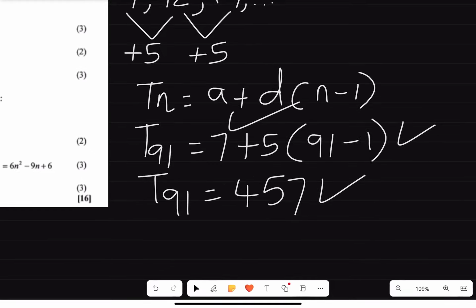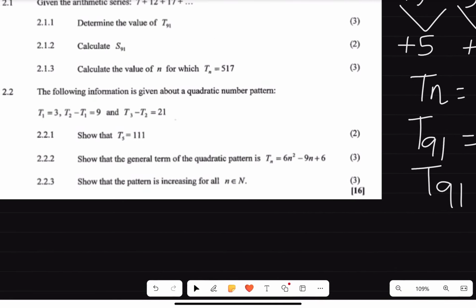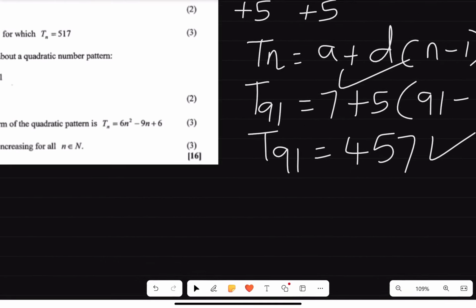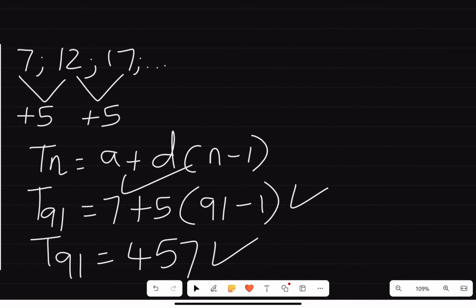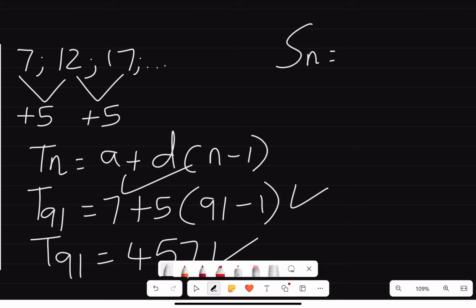So you get 3 marks there. And then let's get the next question. Calculate the sum of 91 terms. So the sum of 91 terms is going to be this. We're looking for Sn equals n over 2 into brackets a plus l, where l is the last term, a is the first term.